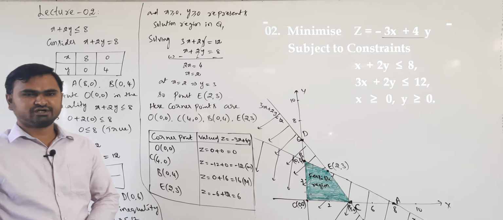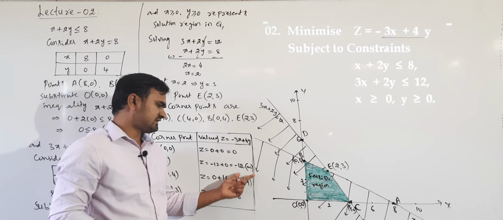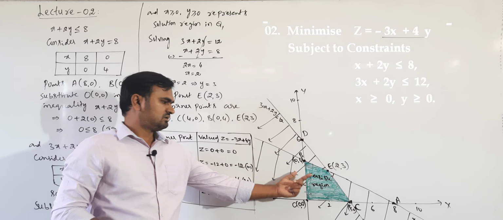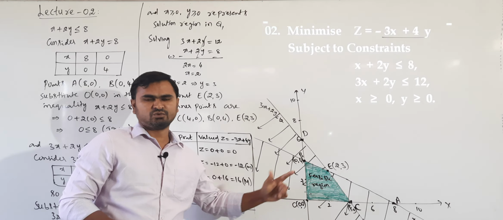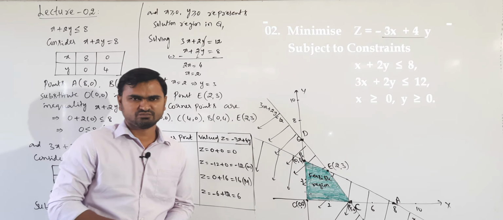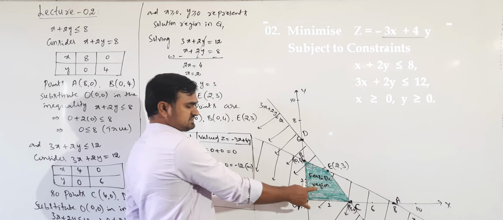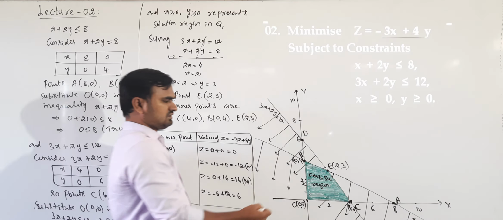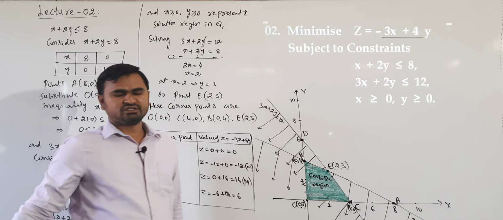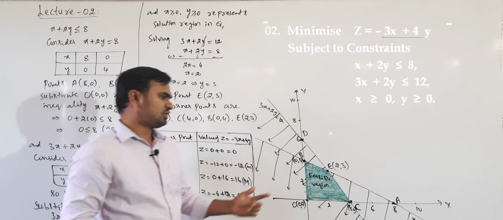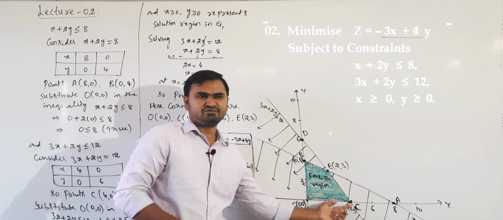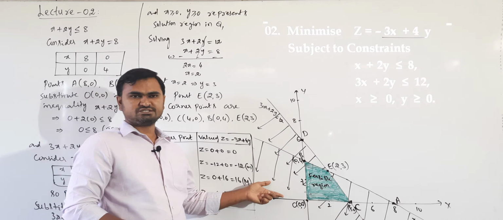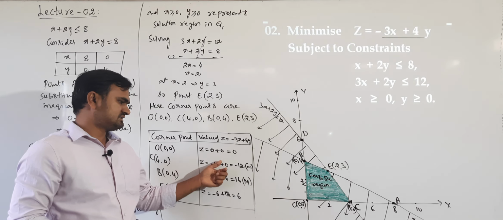After finding the value of z, identify the least value and greatest value. Now, depending on whether the feasible region is bounded or unbounded, we can write the maximum and minimum values. What we studied: whenever the feasible region is bounded, both the minimum value and the maximum value of z exist, and they occur at these corner points.